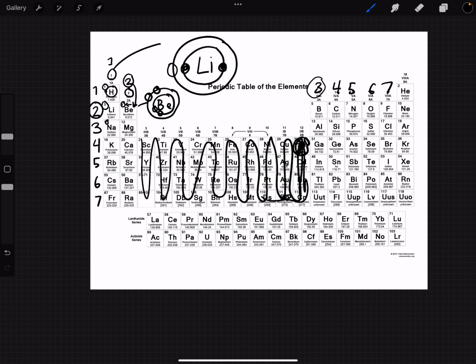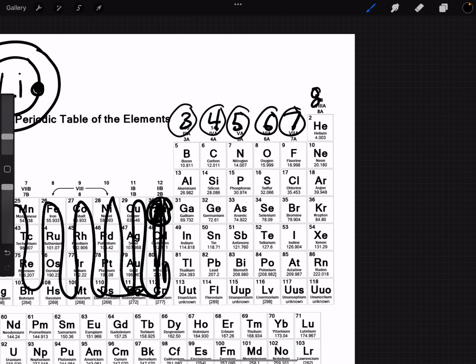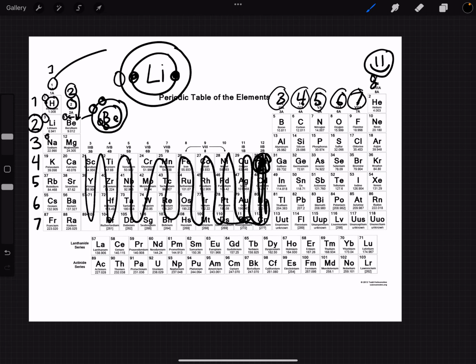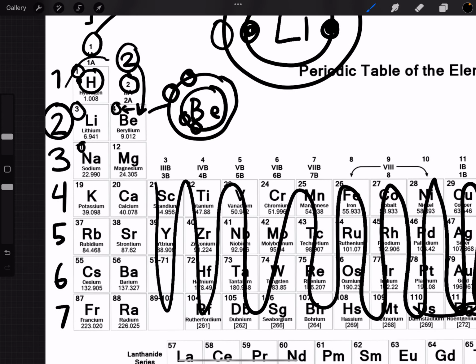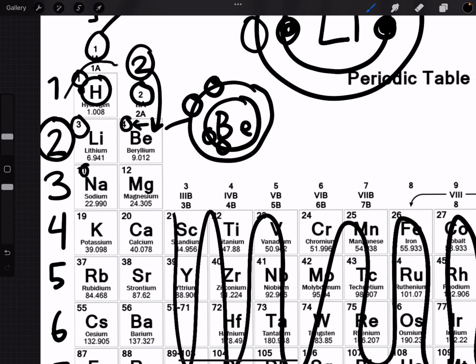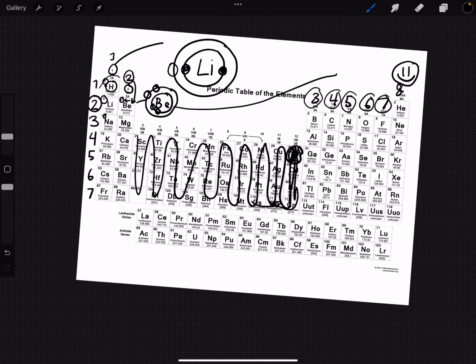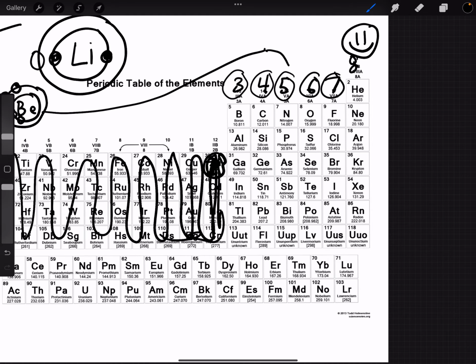And you've probably heard, but in order for an atom to be happy, they need 8 electrons. So essentially, for example, beryllium has 2 outer electrons, so it needs to bond with an atom with 6 electrons to add up to 8.